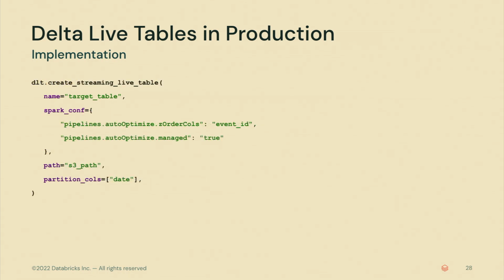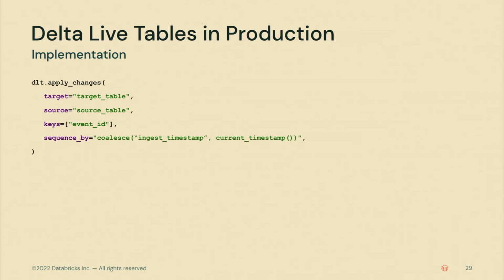The next step is to define your silver table, or target table. You define the location or the storage for your table and how it's partitioned. With those two tables defined, the next step is to define your merge logic.